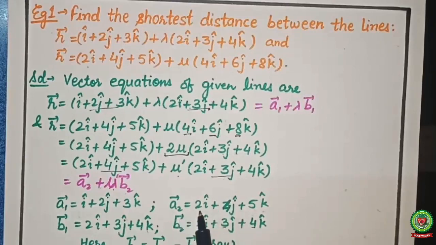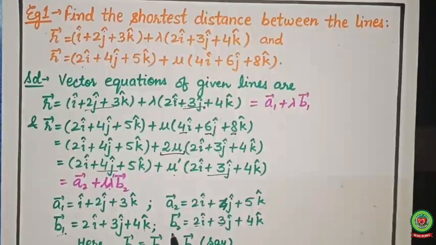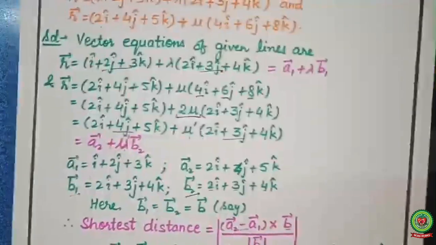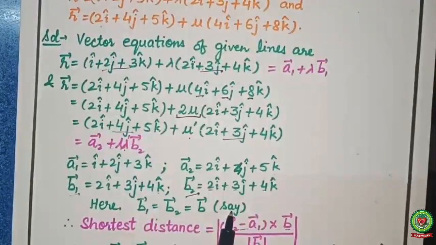So here a2 is 2i cap plus 4j cap plus 5k cap and b2 vector is 2i plus 3j cap plus 4k cap. Now you can see from here that b1 and b2 are both equal. So suppose it is equal to b.